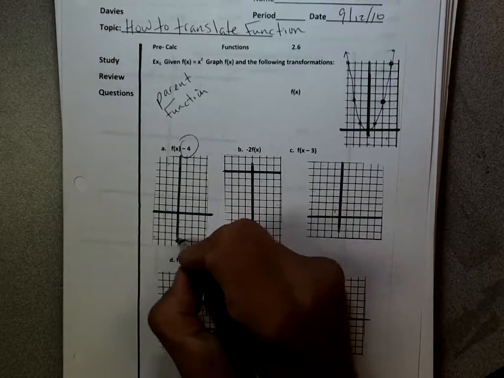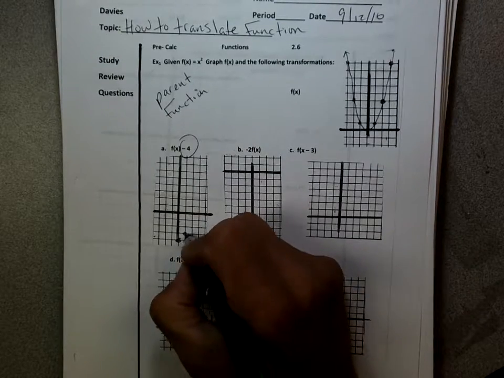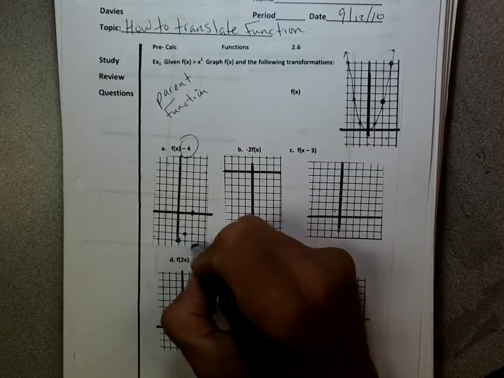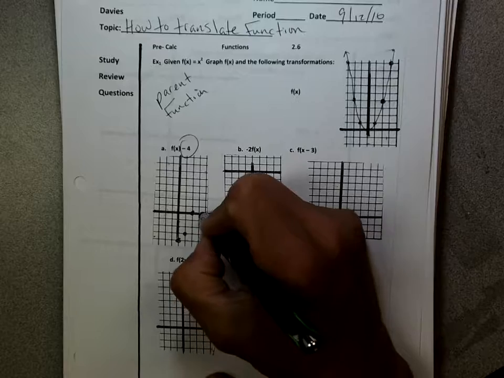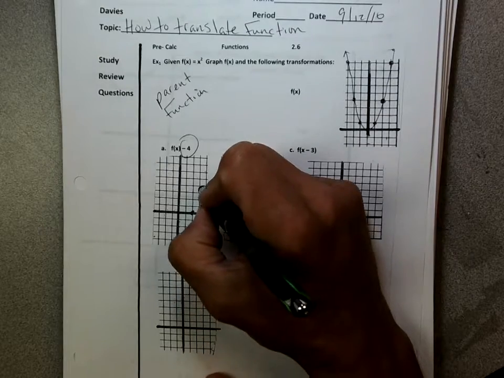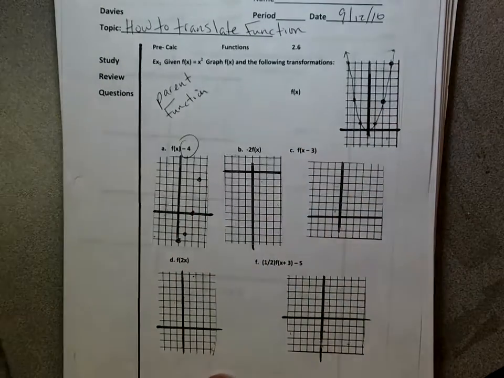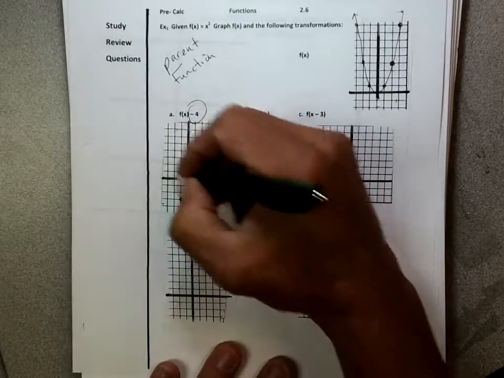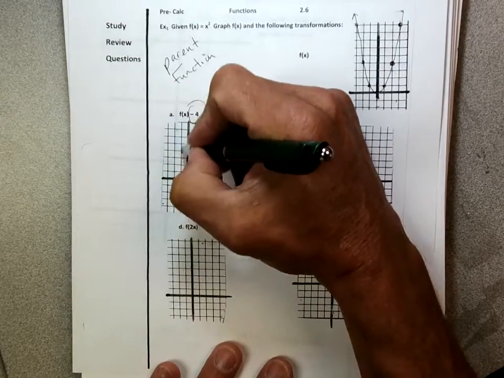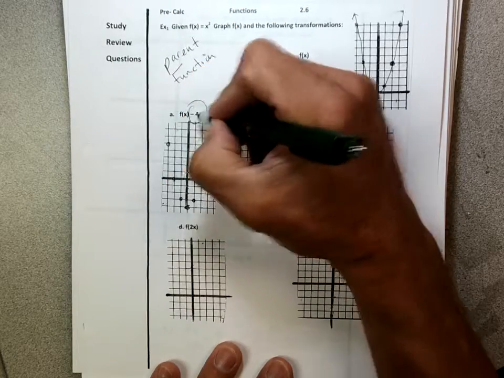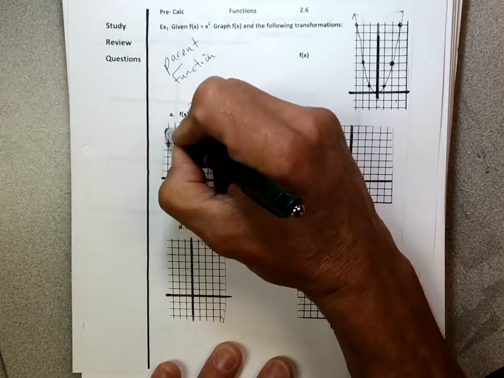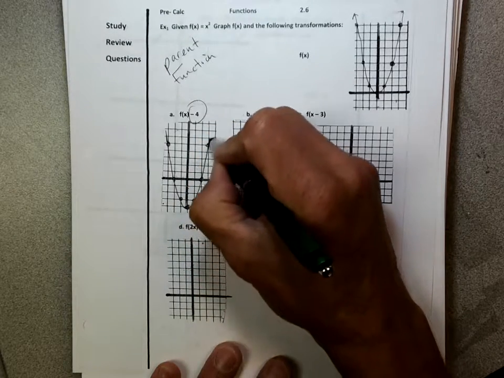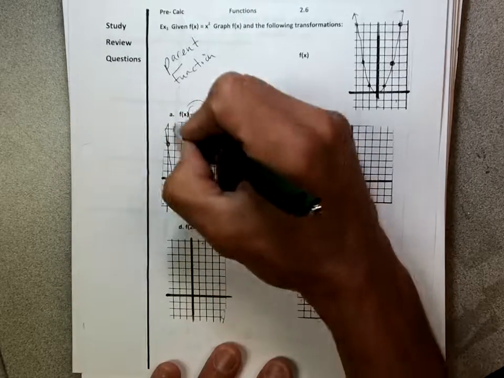So we go 1, then 1, 2, then 1, 2, 3, 4, then 1, 2, 3, 4, 5, 6, 7, 8, 9. And again, it's symmetrical on the other side. So all we did was take our parent function, our parabola, and move it down 4 on the y-axis. There we go. That's it.